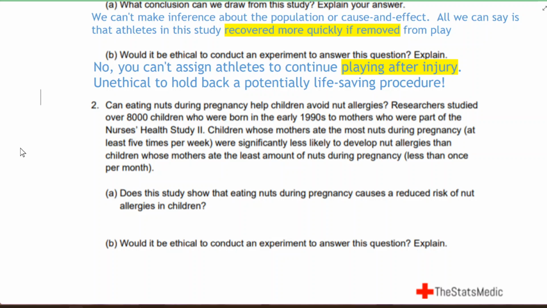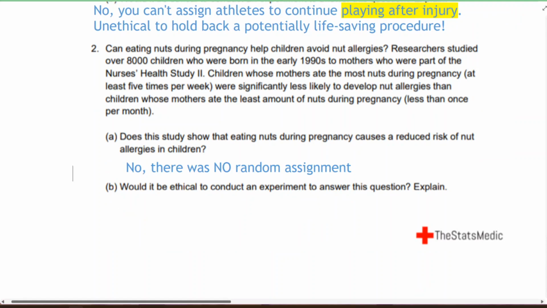We did not tell the mother, hey, you eat tree nuts 5 times a week for the duration of your pregnancy. They just took the data as it came. So, letter A, does this study show that eating nuts during pregnancy causes a reduced risk of nut allergies? So yeah, it's a no.